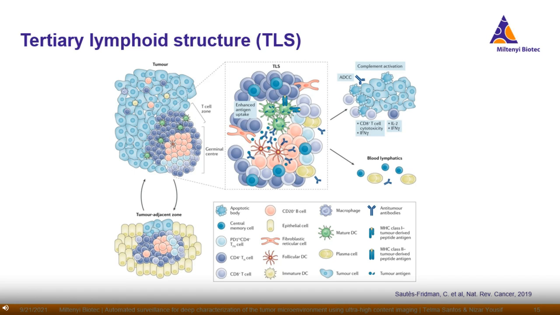So central memory T and B cells generated in TLS circulate and protect against metastasis. In some cancers, TLS located in inflamed regions adjacent to a tumor may serve as a niche for tumor cell progenitors. So the TLS is a very important structure in the tumor microenvironment.